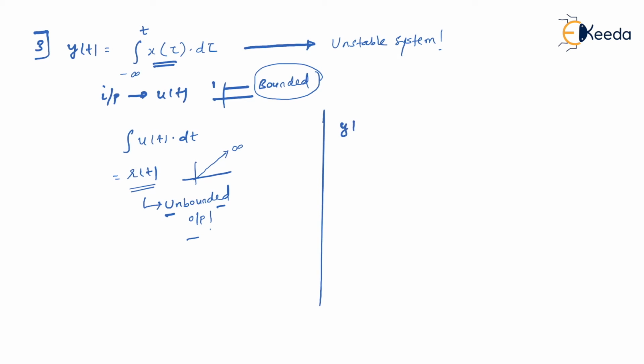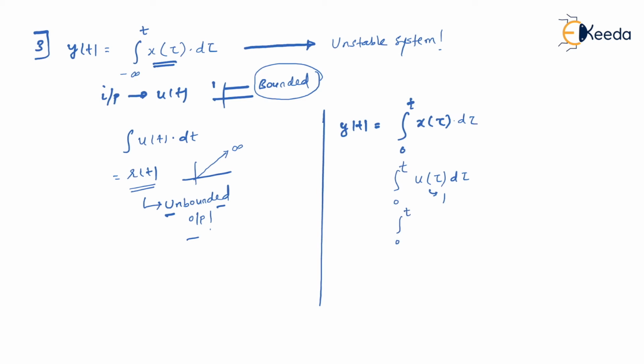Let's say y of t is an integration of x of tau d tau. But this time, let's say they have taken integration from 0 to t only. So lower limit I have changed from minus infinity. Again, if I take 0 to t, u of tau d tau, again unit step signal only I have taken. We know that after 0, u of tau value is always 1.